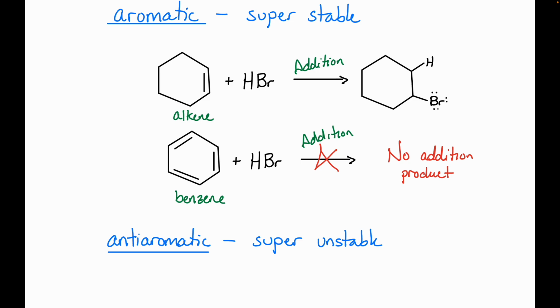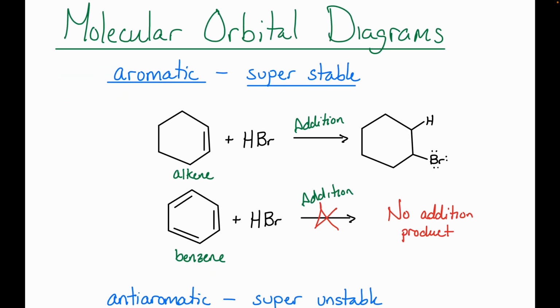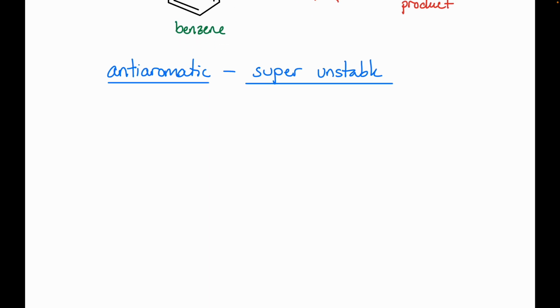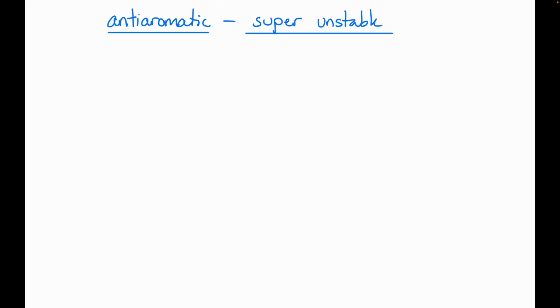Molecules will kind of go out of their way to not be anti-aromatic, having more reactions, okay? So aromatic means your compound is super stable. Anti-aromatic means that it's super unstable, all right? So why is that? How can we start to explain that? What we're going to do is we're going to use these MO diagrams here. All right? So let's take an example.